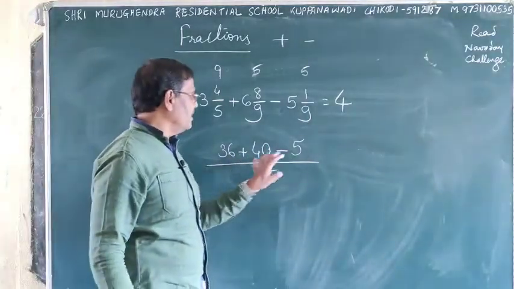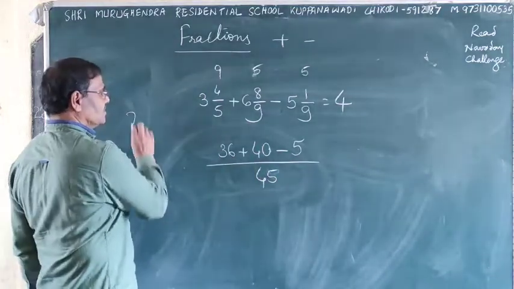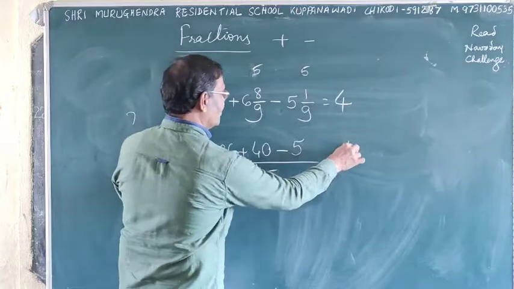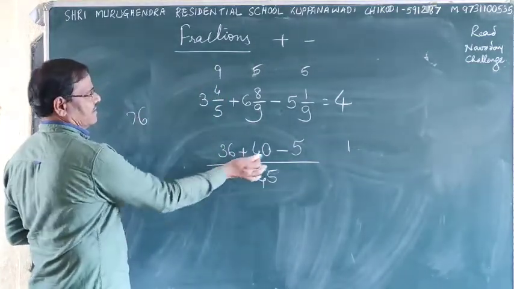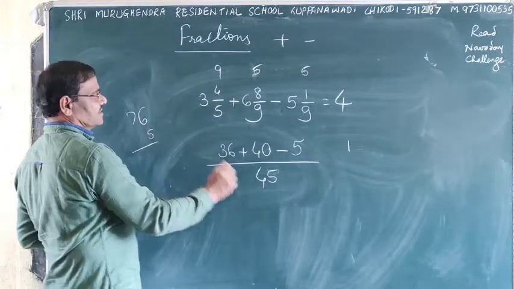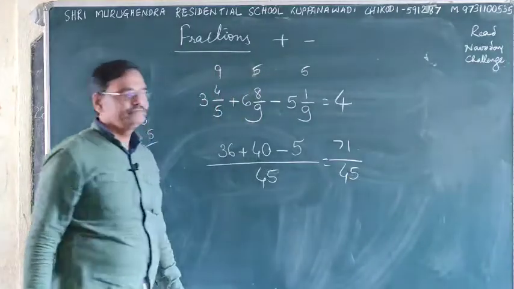Then what remained here? This is 76. This 1 remains here. This is 76 minus 5, 71 it is. 71 by 45.